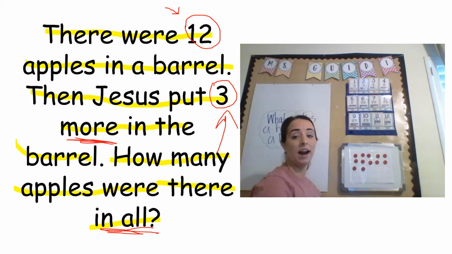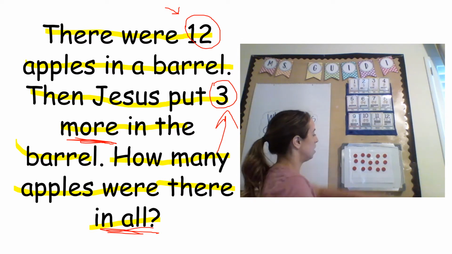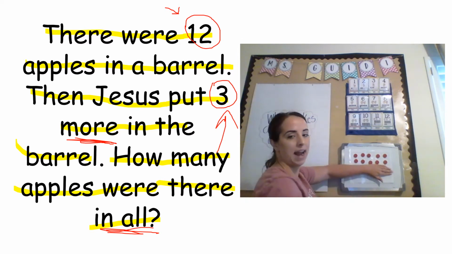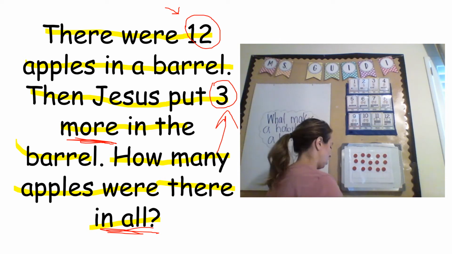All right, how many more do I need? 3 more. 1, 2, 3. So I know when I subitize, that's 10. So I'm going to count on from 10. 10, 11, 12, 13, 14, 15. All right, good job, friends.